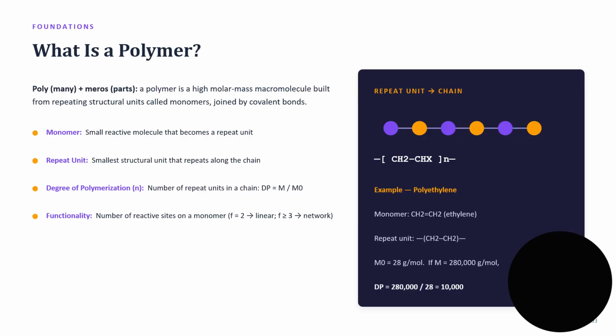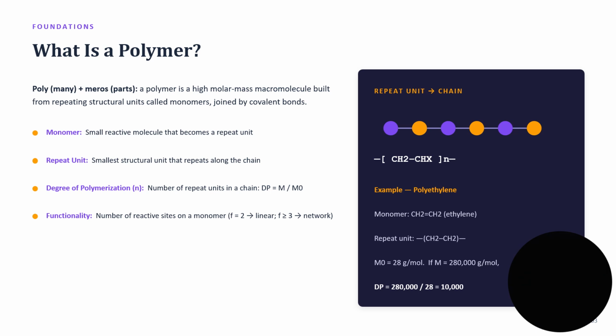Let's start from first principles. The word polymer comes from Greek: poly, meaning many, and meros, meaning parts. So a polymer is simply a very high molar mass macromolecule built by joining together many small repeating units called monomers through covalent bonds.